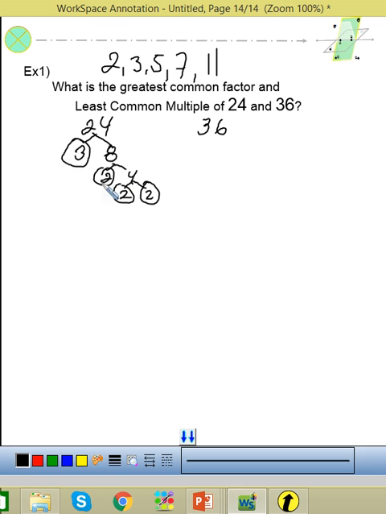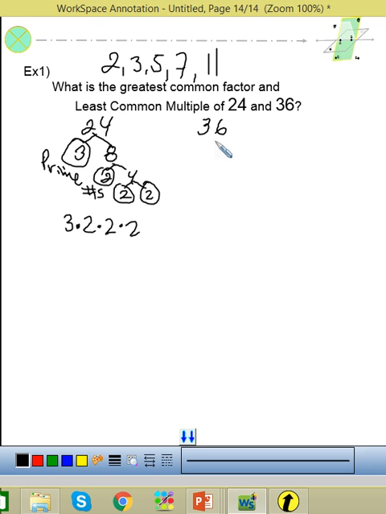All these, 3, 2, 2, and 2, are called prime numbers. But as soon as I ask you to write them as factors, you need to write them like this: 3 times 2 times 2 times 2. Why are they called prime factors now? Tell your neighbor. Very good. Because they're multiplying.